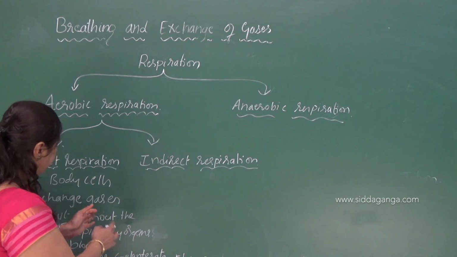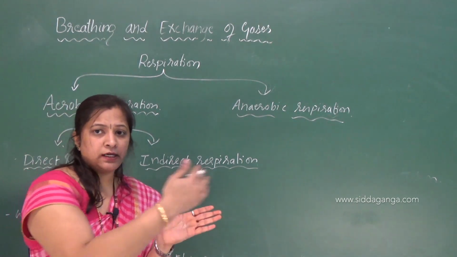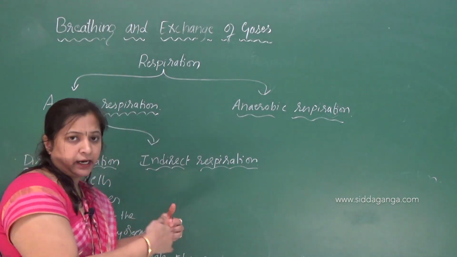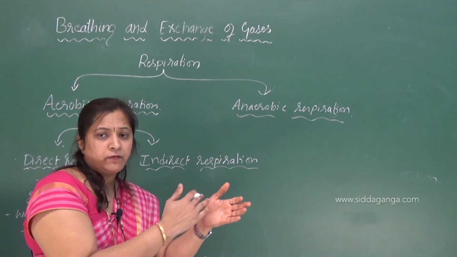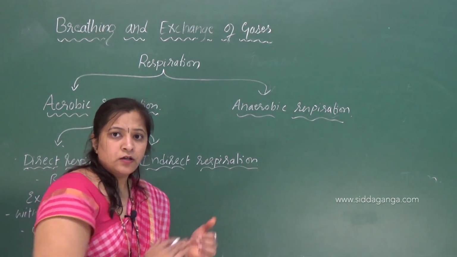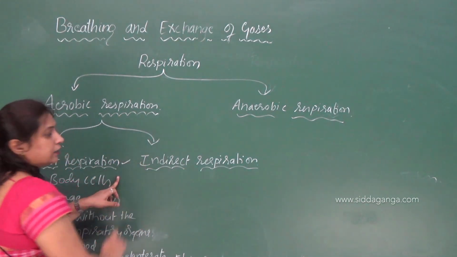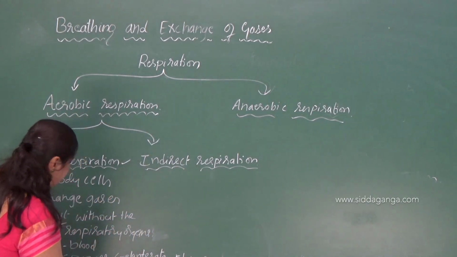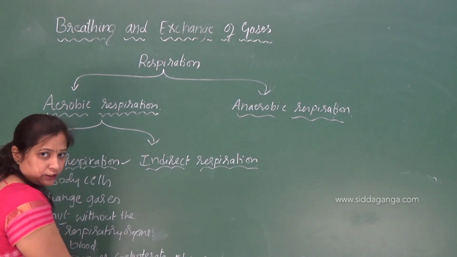So the exchange of gases occurs between the body cells and the environment directly. As there are no specialized respiratory structures, that type of respiration is called what? Direct respiration.